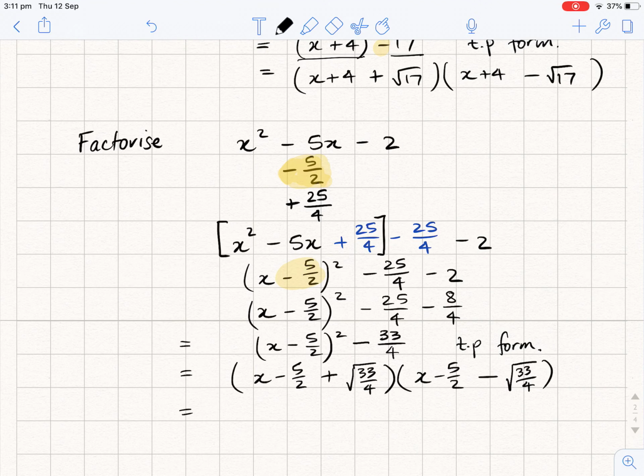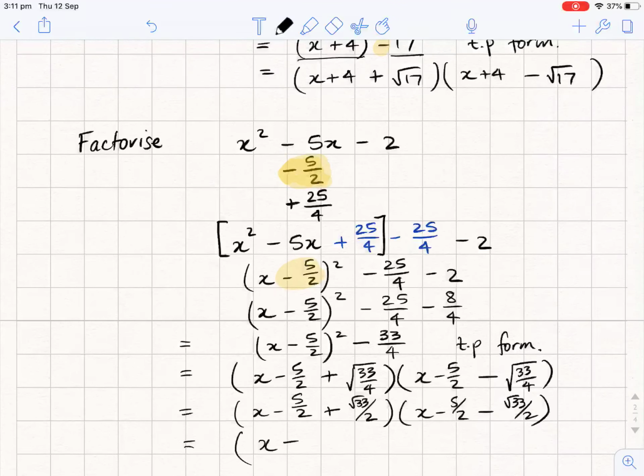I can actually go a step further here, because I can take the square root of 4, which makes root 33 over 2. Because I have a common denominator for those next parts, I could write it like this if it makes it a little bit easier. So minus, how am I going to do this?